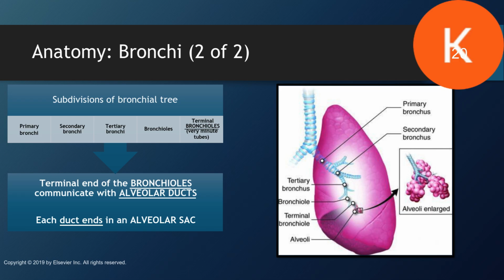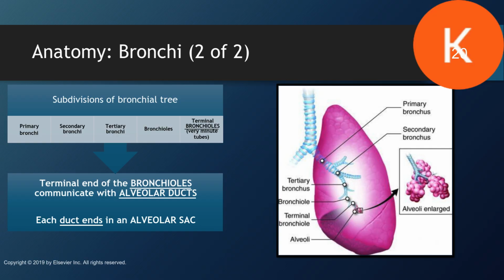Then we have the secondary bronchi, which branch within each lung. Tertiary bronchi supply specific lung segments. We have bronchioles, which are very small air passages. The terminal bronchioles are very minute tubes, the smallest conducting airways. These airways mostly conduct air, not exchange gases.